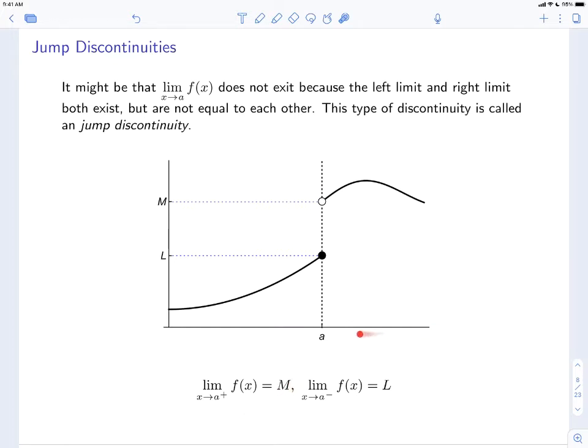If we're approaching a from the right, we're on this curve on the top, and the y values are approaching m. If we look at the limit as x approaches a from the left, now we're on the bottom graph, and the y values approach L. So the left limit exists, and the right limit exists, but they don't agree with each other. This is called a jump discontinuity.